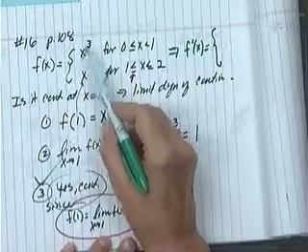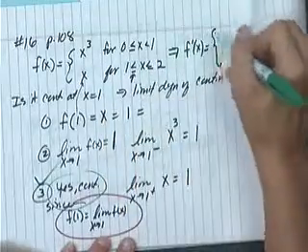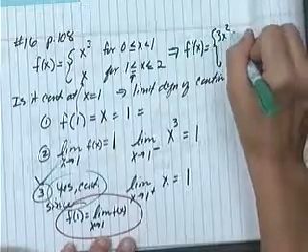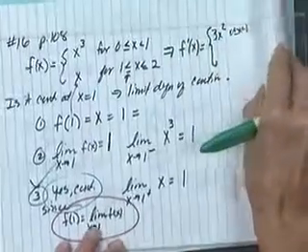All right, what is the derivative of x cubed for x being between 0 and 1? 3x squared for 0 less than or equal to x less than 1.